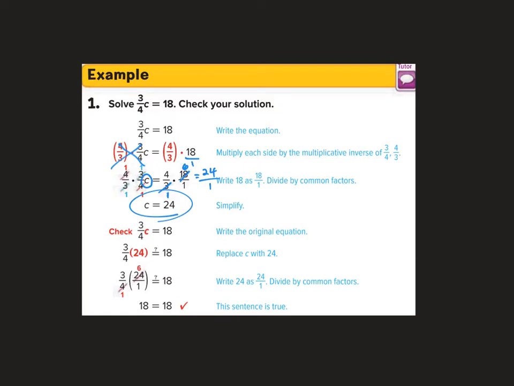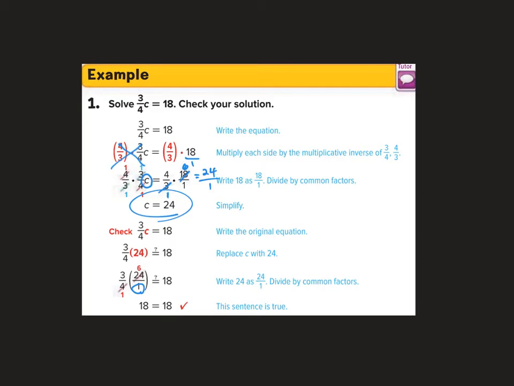Now to check our answer, we're going to put our final solution, 24, in for c and see if we get the same value on both sides, if it's an equal equation. So if we take 3/4 times 24, remember we put that whole number over 1, so we've got another fraction to work with, makes things a lot easier.